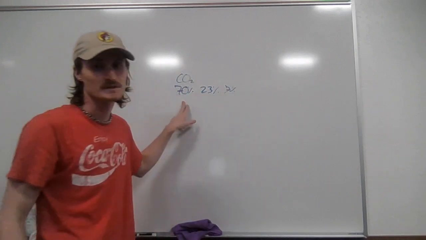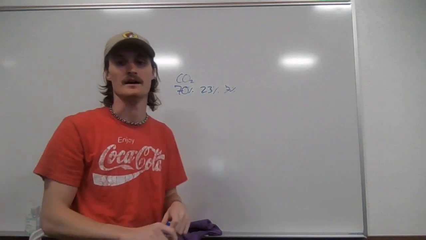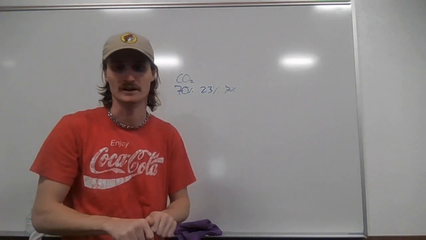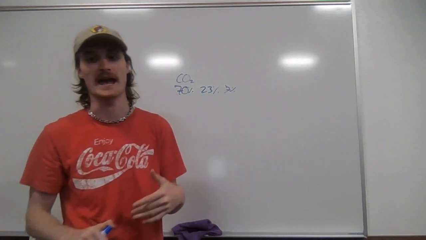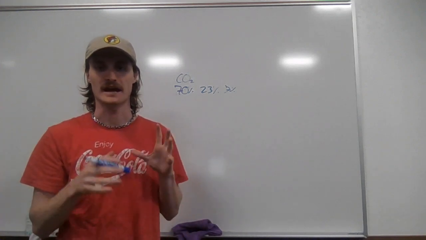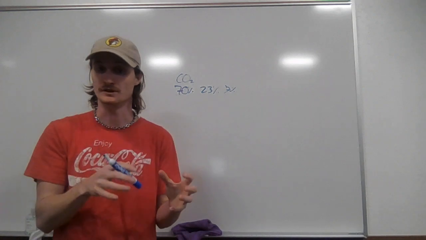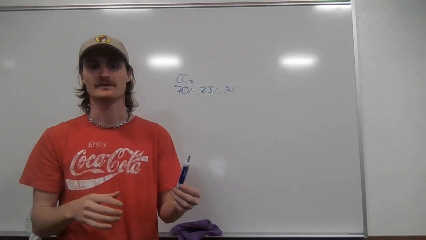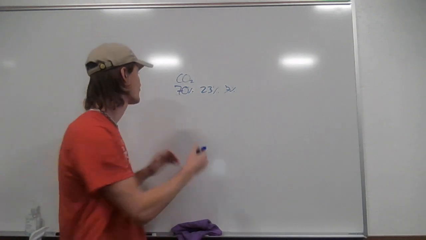Now, 70% of the CO2 that is transported in the blood is actually going to be transported as bicarbonate ions. So we don't actually have it as CO2 in the blood. We have it in the form of bicarb.